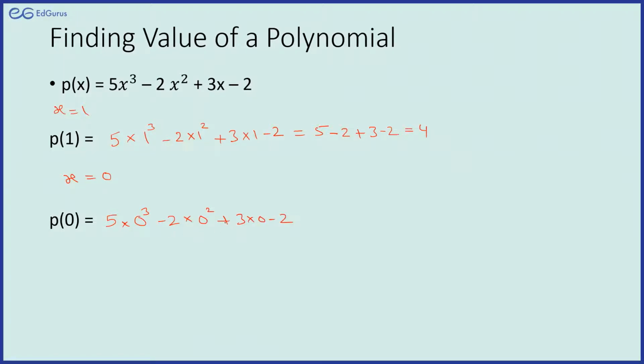So this all becomes 0. So the answer is minus 2. So that's how you find the value of a polynomial for a given value of the variable. You just substitute the value of the variable in the polynomial and you get the value of the polynomial. It's straightforward. Any doubts?